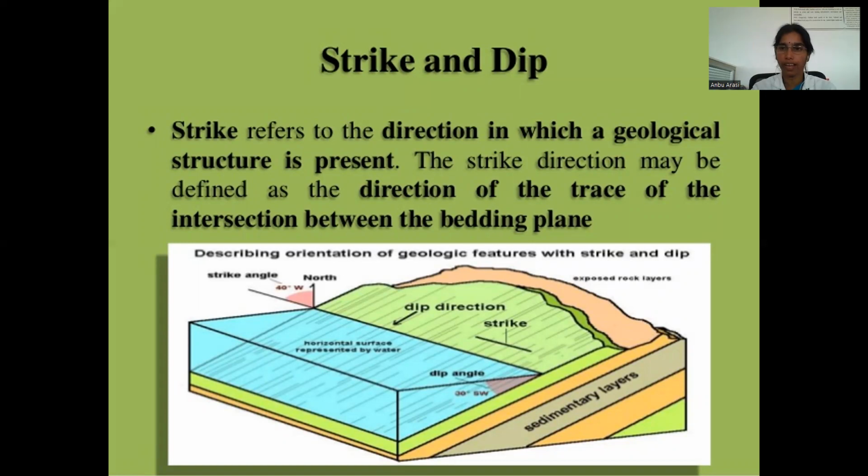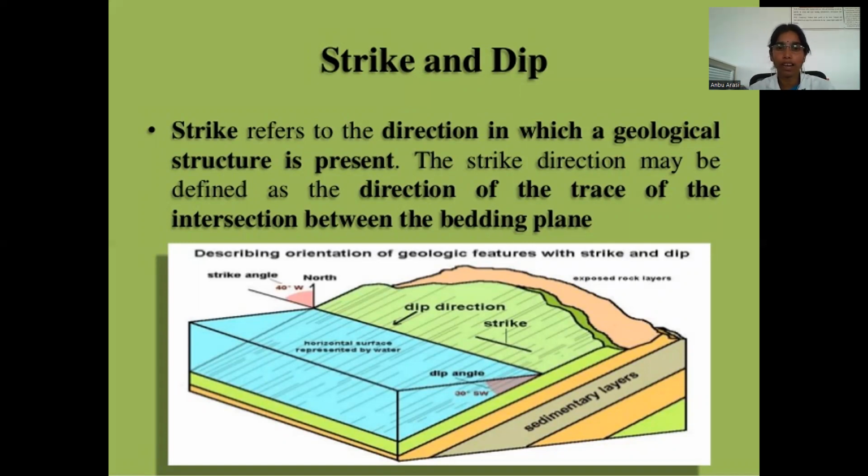The geographic direction obtained by this intersection is called the strike of the bed. Dip. The angle of inclination of bedding with respect to a horizontal plane is called dip of the bedding.